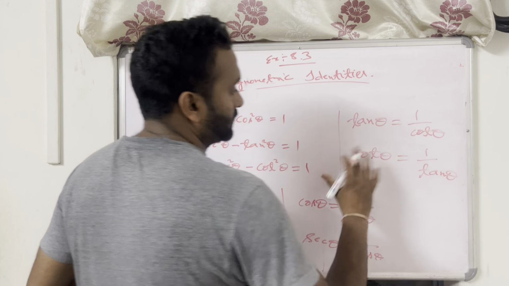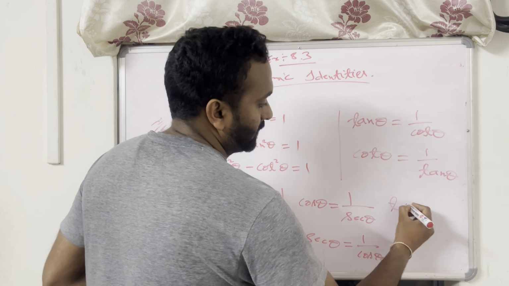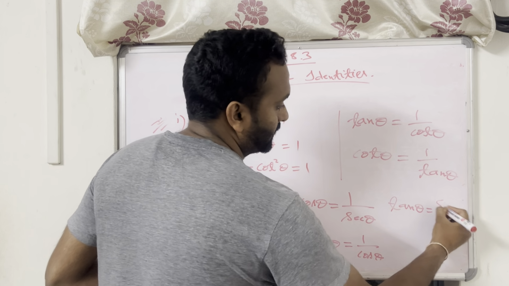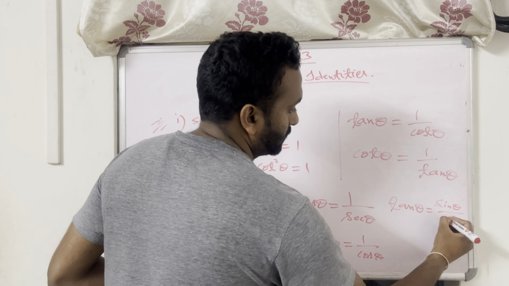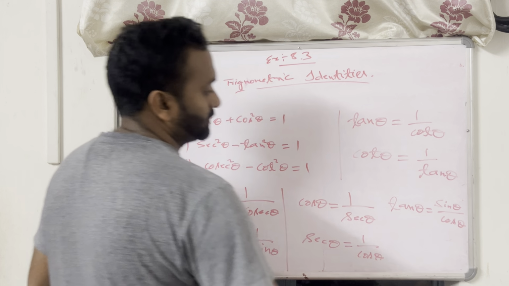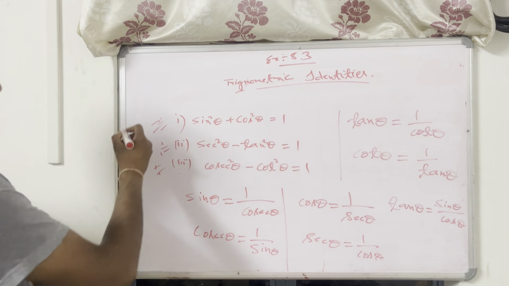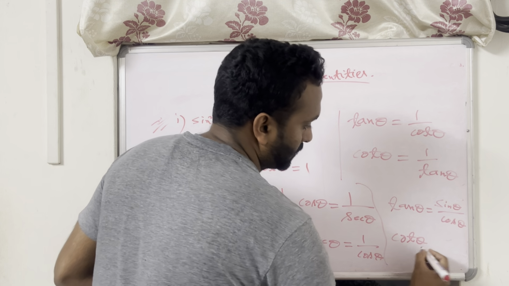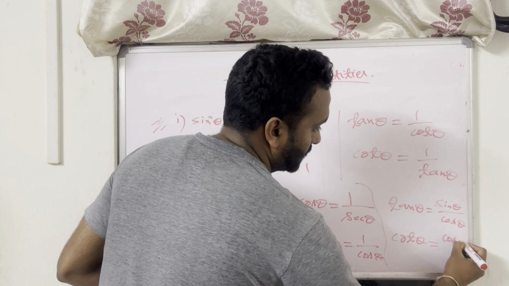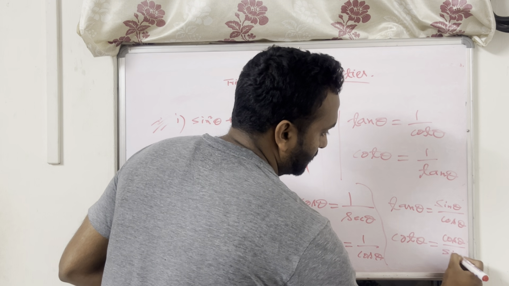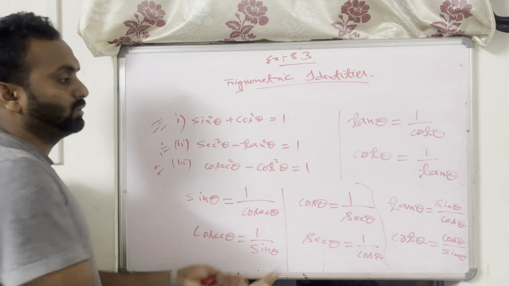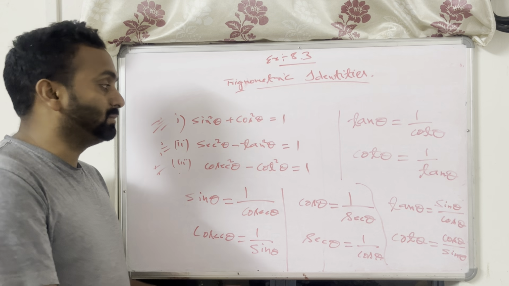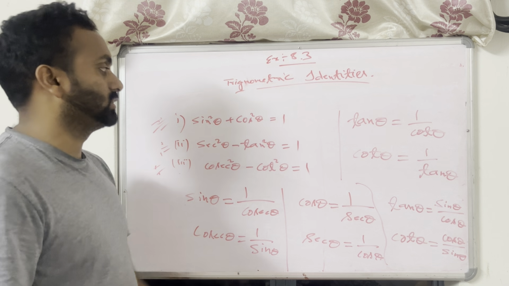And you know one more thing, that tan theta can be written as sin theta by cos theta. Similarly, you can write cot theta as cos theta by sin theta. So these are some more relations that will be needed while solving exercise 8.3.